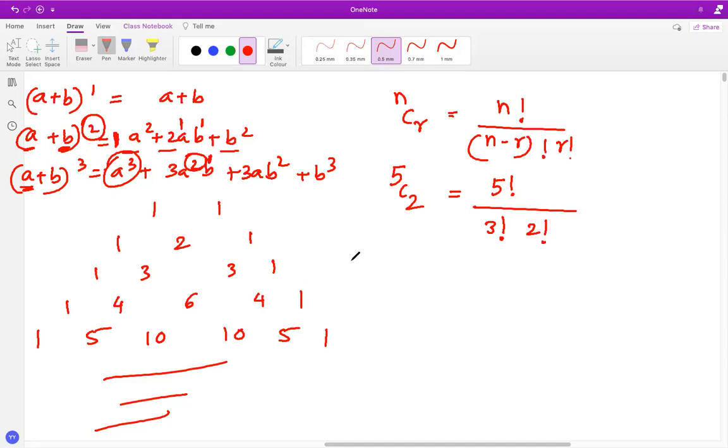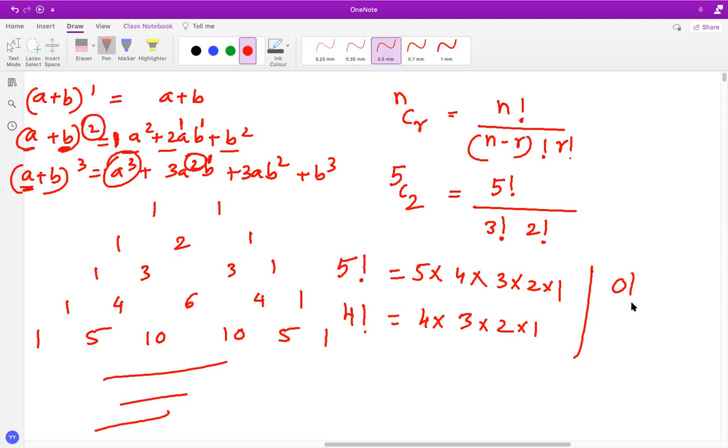Now, just in case you have no idea what factorials are, if I want to find 5 factorial, I can write down 5 times 4 times 3 times 2 times 1. So 5, 4, 3, 2, 1. If I have, let's say, 4 factorial, it is 4 times 3 times 2 times 1.